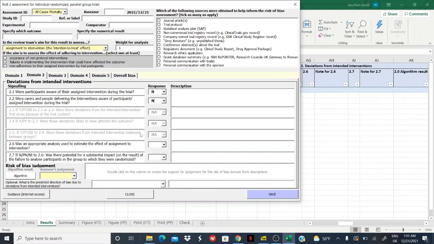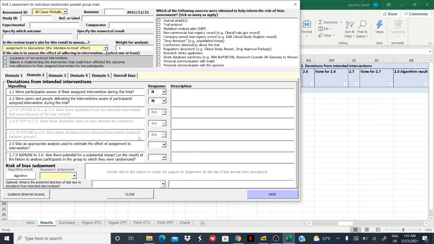Now, the next question is asking us whether these deviations were balanced between the two groups. So in our previous example, if you assume that, let's say, 90% of the patients assigned to placebo went to CBT, but only 10% of the patients in the antidepressant arm went to CBT, that's a pretty gross example where it would show that the deviations were not balanced between the two groups.